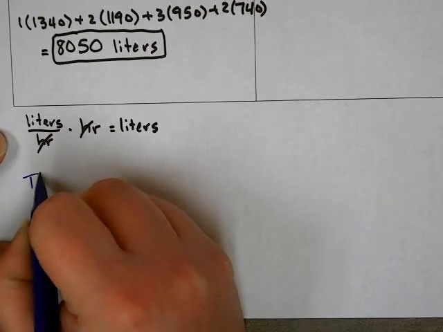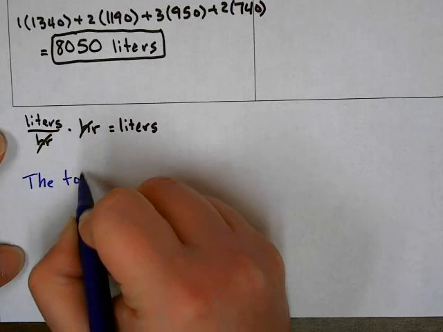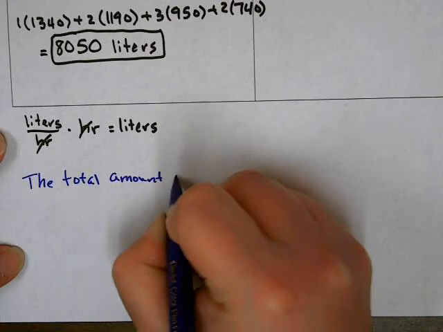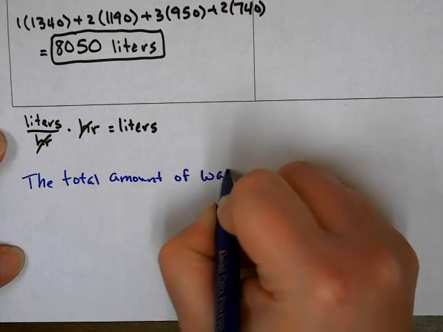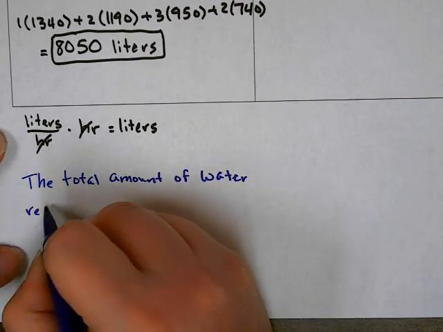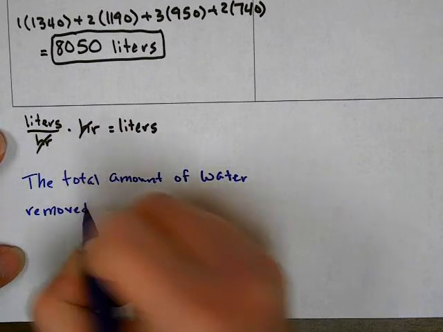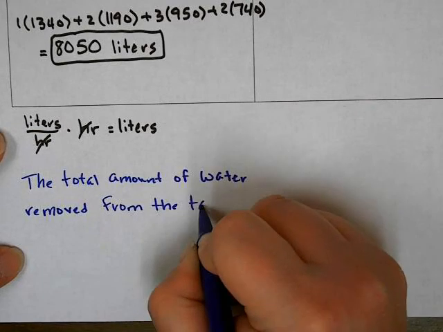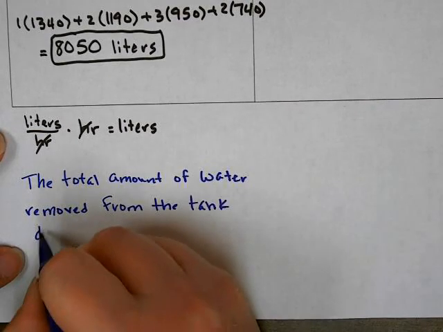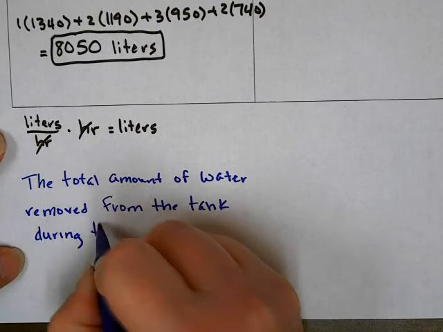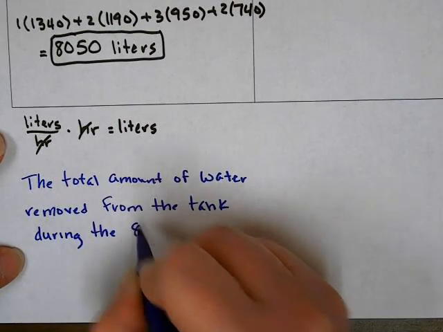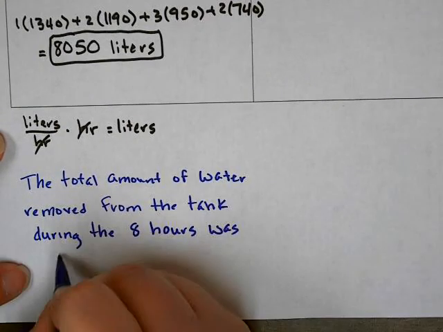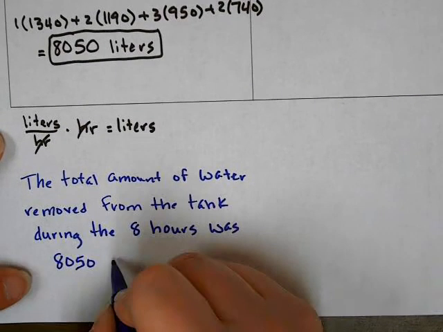So the total amount of water removed from the tank during the 8 hours was 8,050 liters.